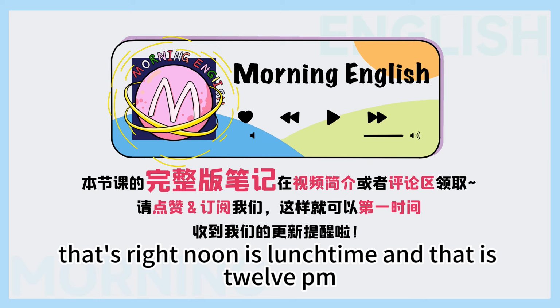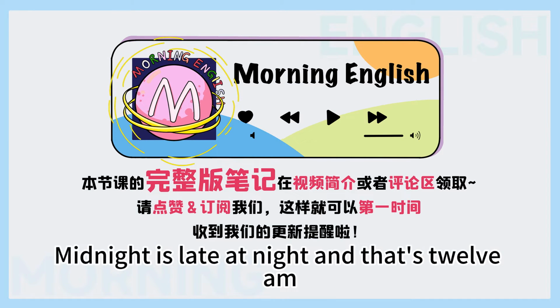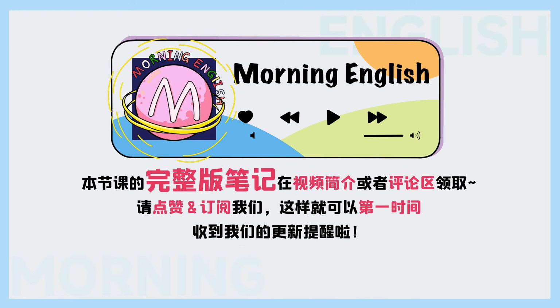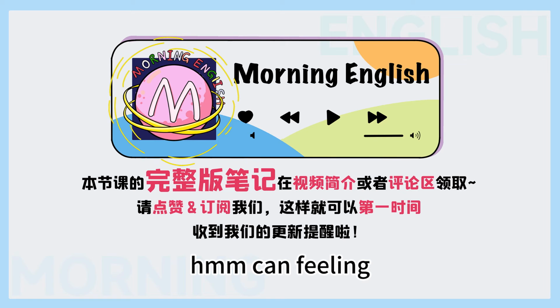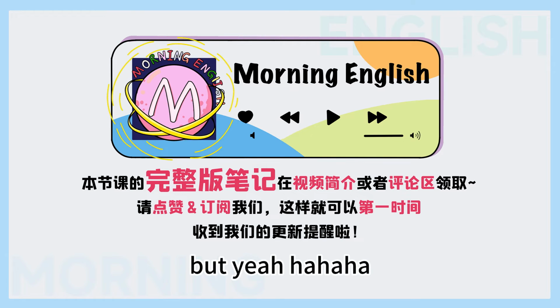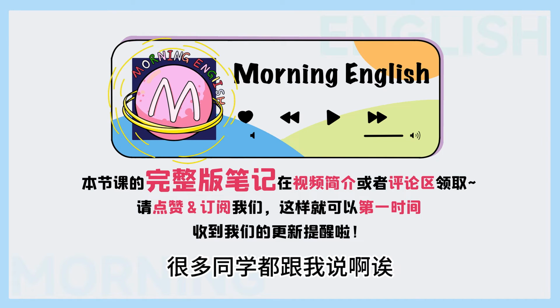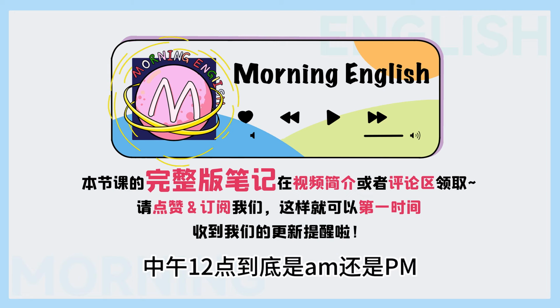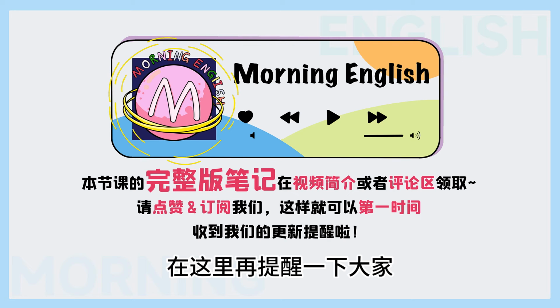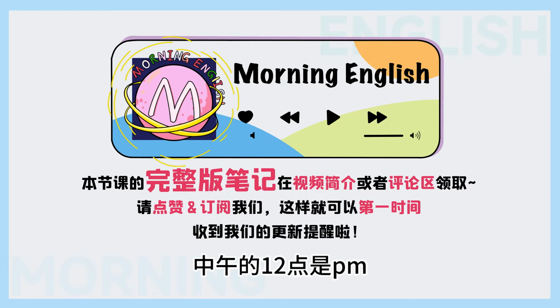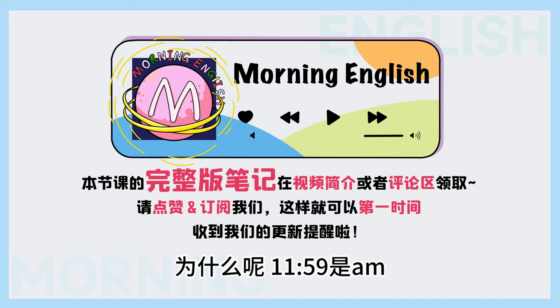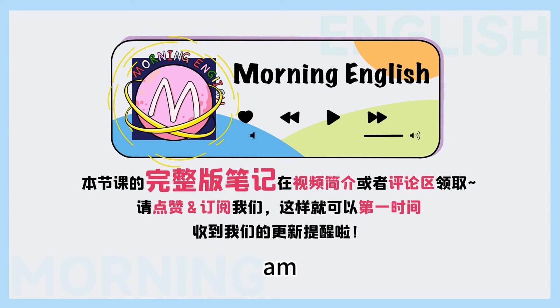Noon is lunchtime, and that is 12 p.m. Midnight is late at night, and that's 12 a.m. Confusing, but yeah. 跟大家强调一下，很多同学都跟我们说啊，中午12点到底是 AM 还是 PM？在这里再提醒一下大家，中午的12点是 PM，为什么呢？11点59分是 AM。AM, yes.